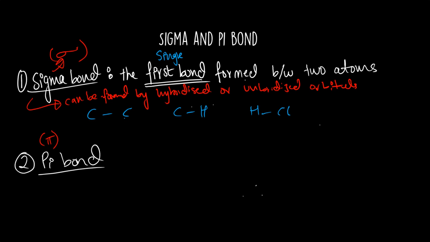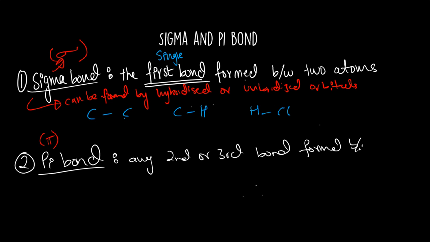Talking about the pi bond, it's basically any second or third bond formed between two atoms. So in this case, let's talk about how about C double C bond and C triple C bond.